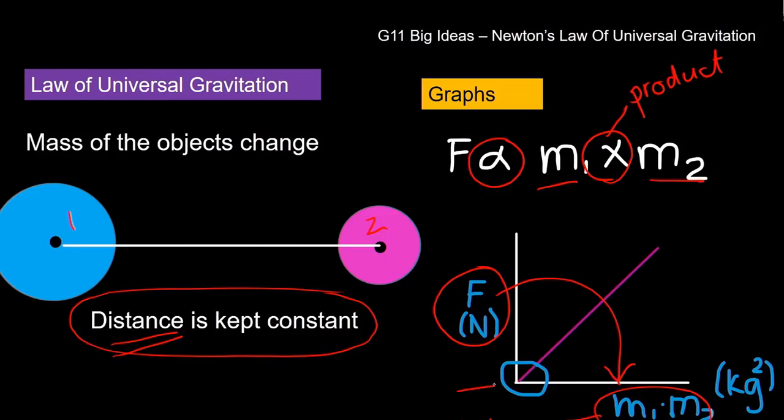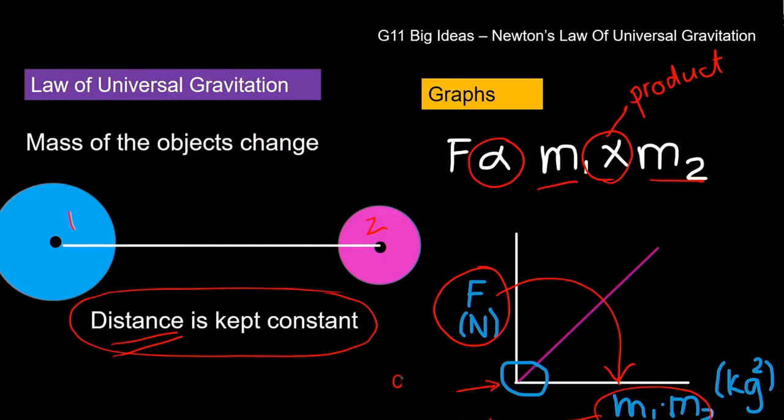That means that as the one increases, so the other is going to increase by the same amount, by the same factor. The way we can tell and prove that this is a directly proportional relationship is if the straight line passes through the origin.